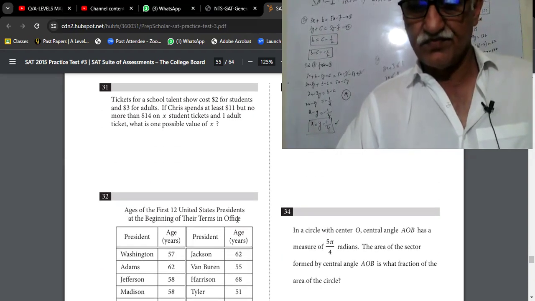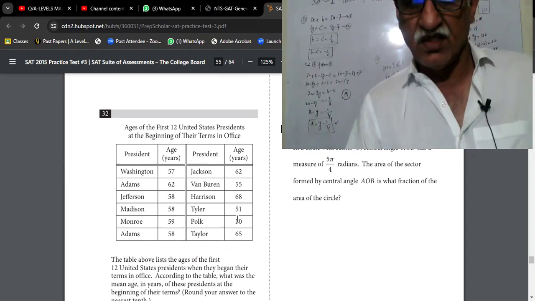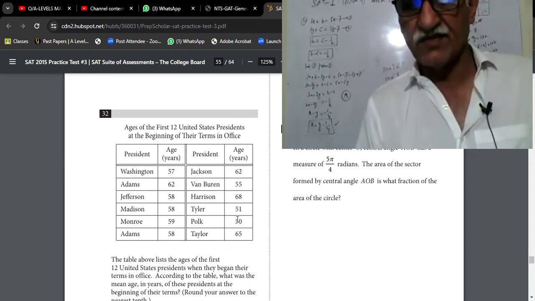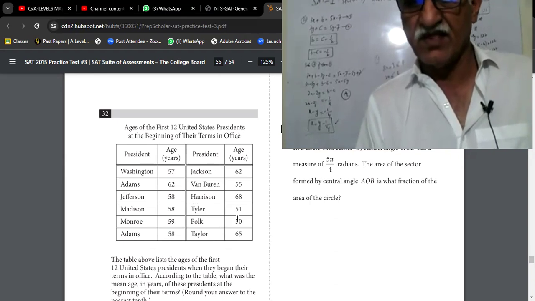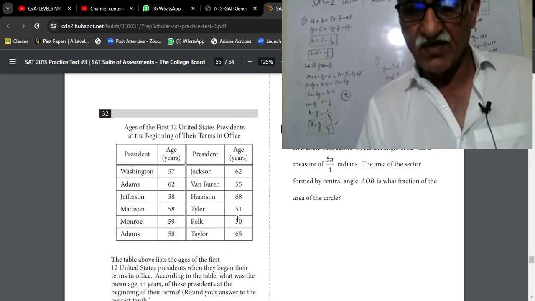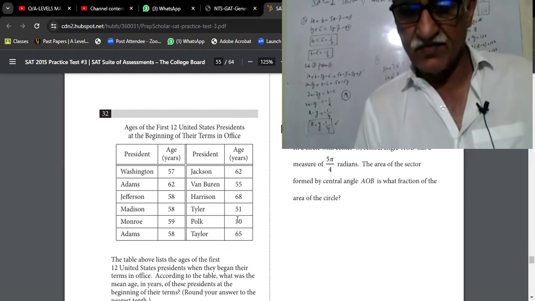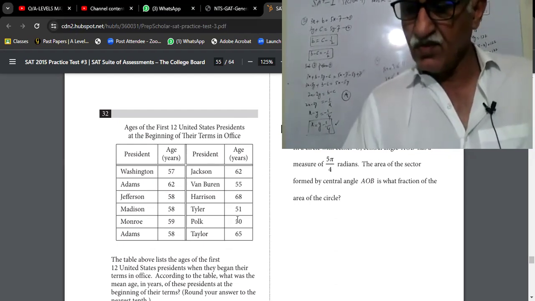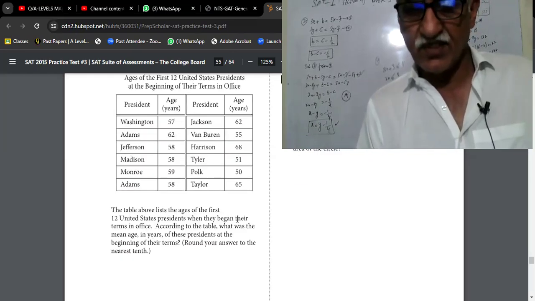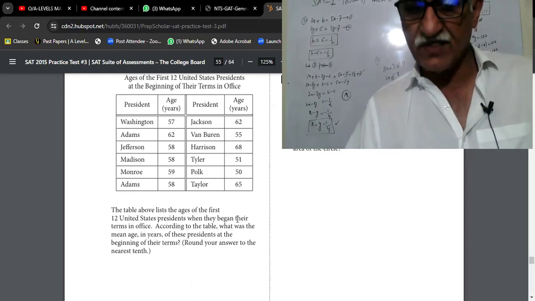32 now. Ages of the first 12 presidents of the United States at the beginning of their terms in office: 57 years for Washington, Adams, and so on.